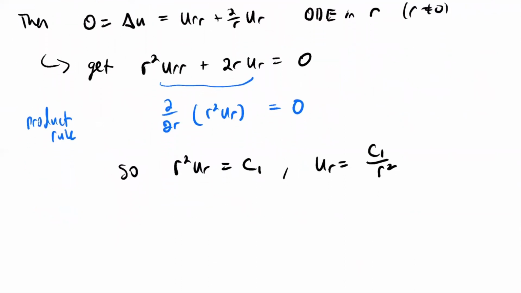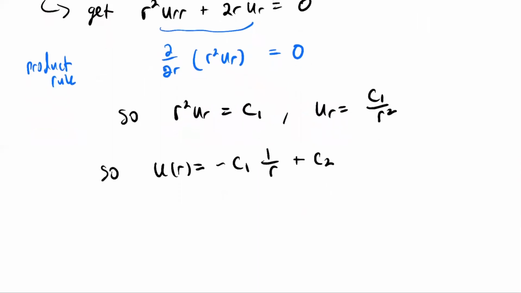But again, this is all just a function of one variable, so I know how to take the antiderivative of both sides. So this tells me that my function U of R is minus C1 times 1 over R plus C2. And that's the solution. So this is a harmonic function.